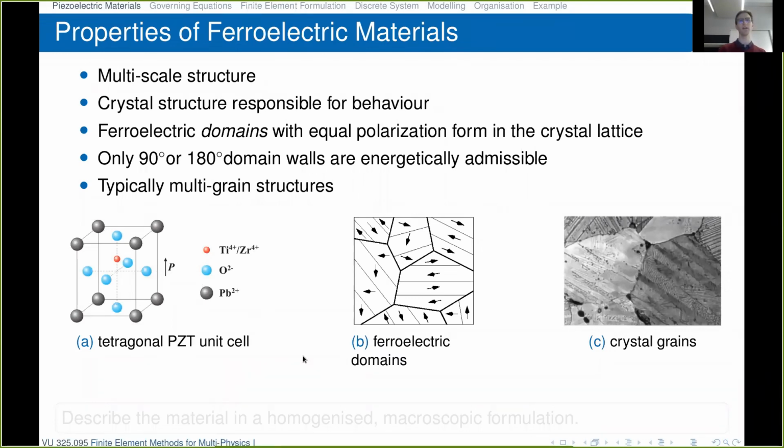And then the next level is the ferroelectric domains. So these unit cells are aligned next to each other, and typically we have here the single crystal, and within the crystal we have domains that have the same orientation of these ions, so the same polarization, here denoted by these little arrows.